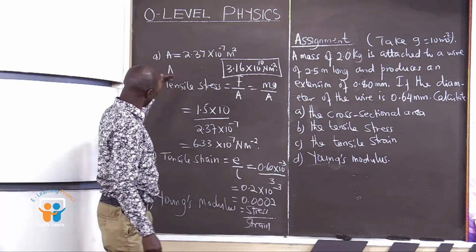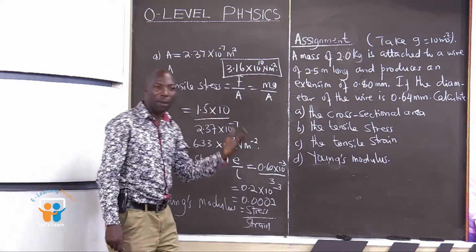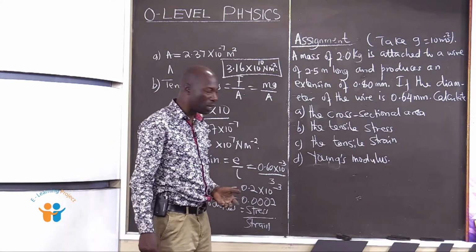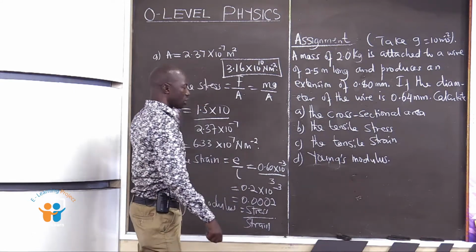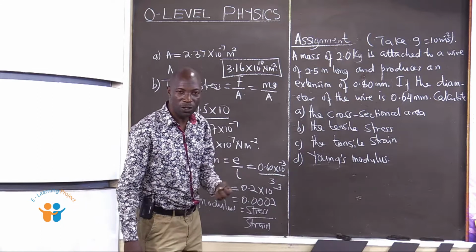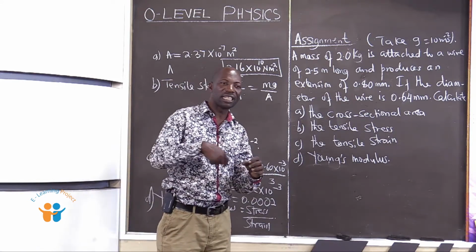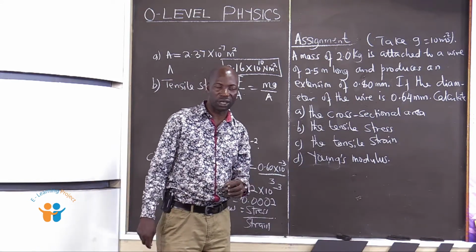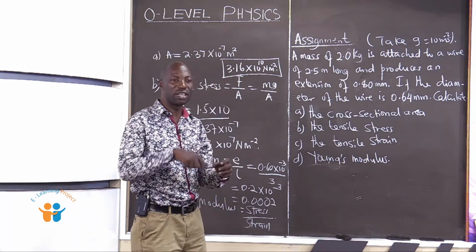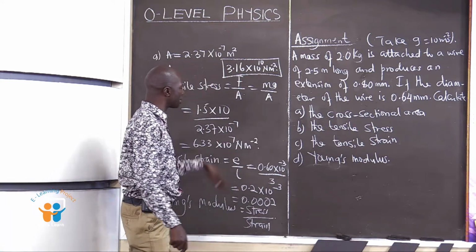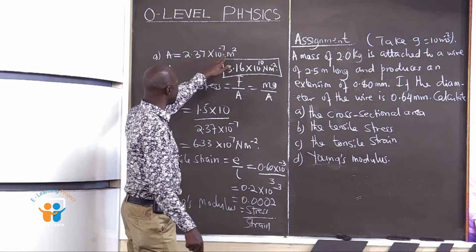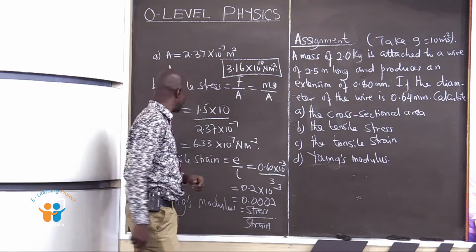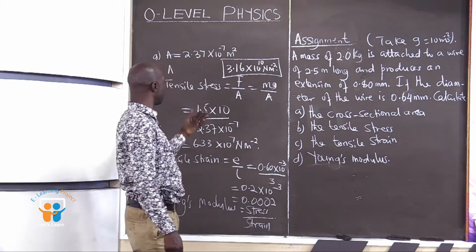But you can now summarize by going back through what we've just been doing. They asked us for cross-sectional area. Remember, I told you a wire always has a circular cross-section. So we got the area of a circle, and our cross-sectional area is there, in meters squared. Then tensile stress was force over area.